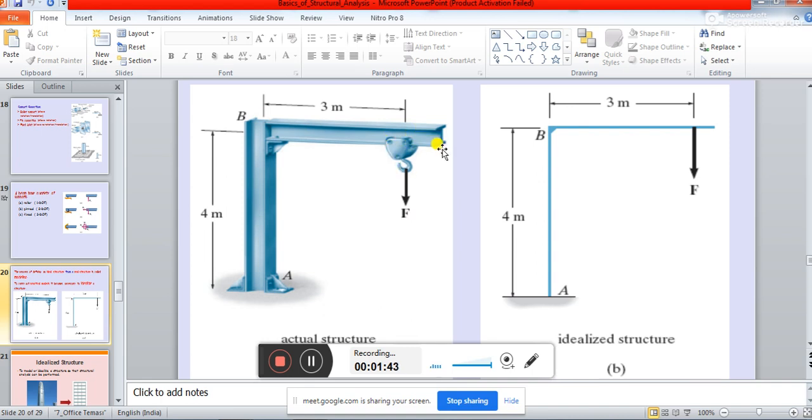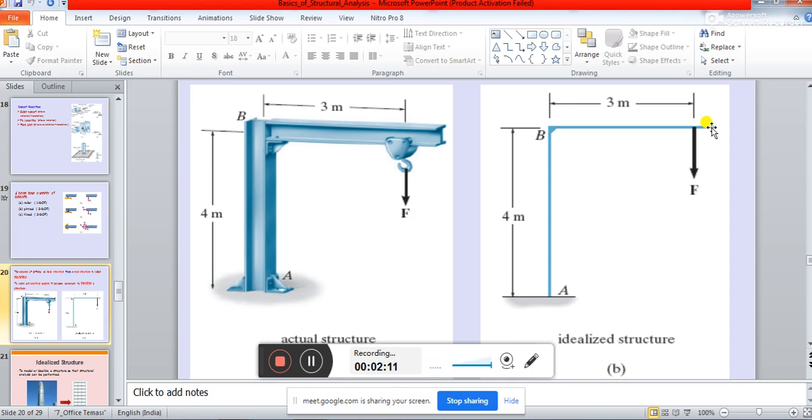The load is not acting at the end of the beam, instead it is acting vertically at some point over here, and beyond the load there is an extension of the structure. Have you got it?